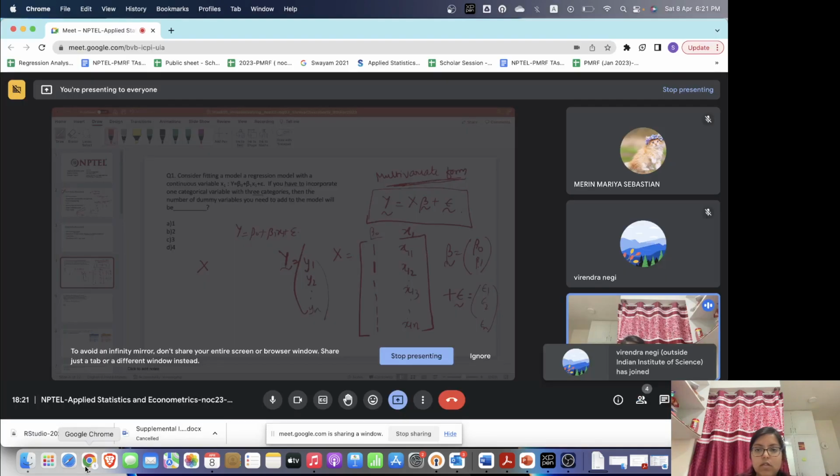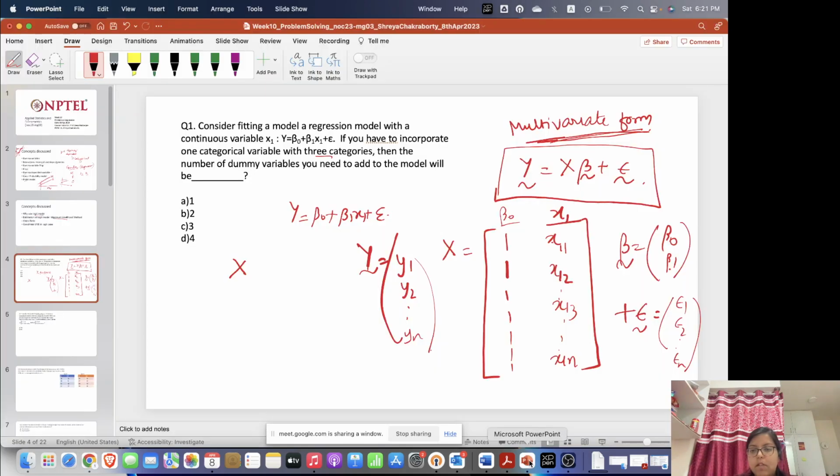I have also discussed this previously, but just to brush up, even if we have one regressor, we can write it in this form, and this capital X is my model matrix. If you remember the OLS estimate, we got it by X transpose X inverse X transpose Y. This was the multivariate form in which we get the OLS estimates.